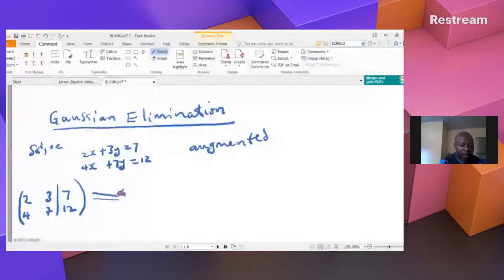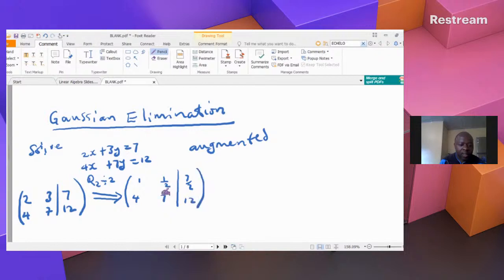So I know what I need to do. I need to divide row 1 by 2. We've just done this. Dividing by 2 there, I have 1, then a half, then 7 out of 2. And this other row, I've not touched it. Once I have this leading 1, I use it to create a 0 in this position.